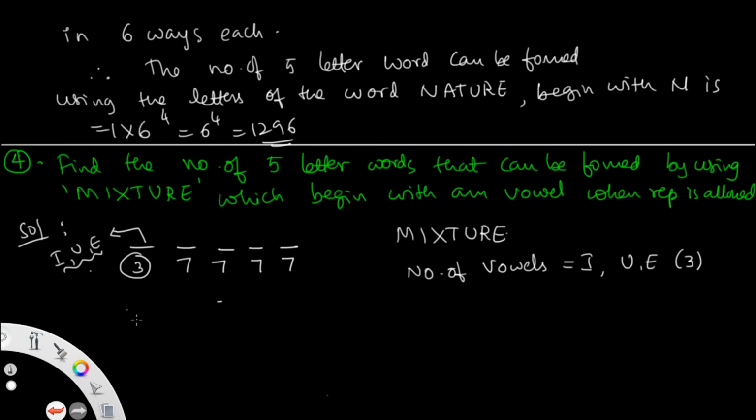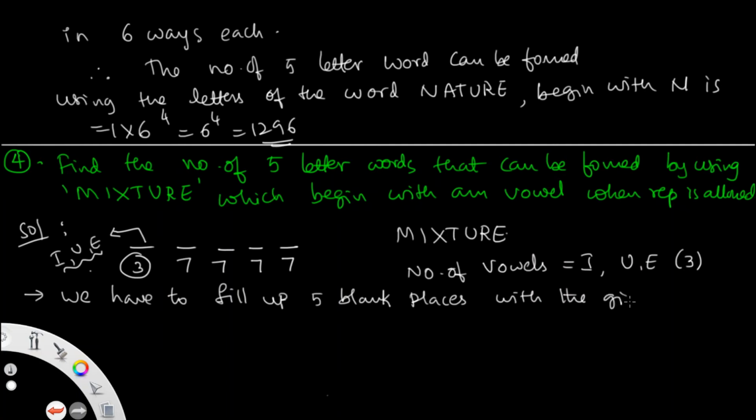But we have to write all those, so it's an explanation. We have to fill up 5 blank places with the given letters.